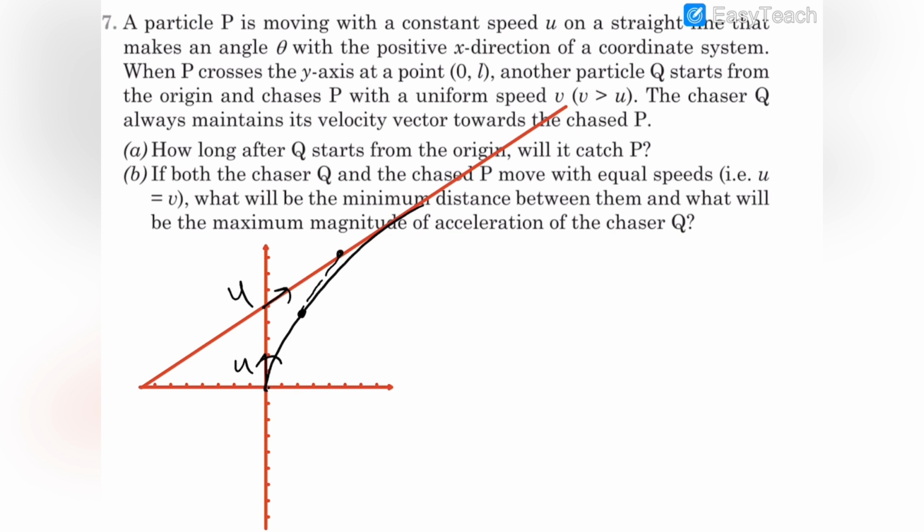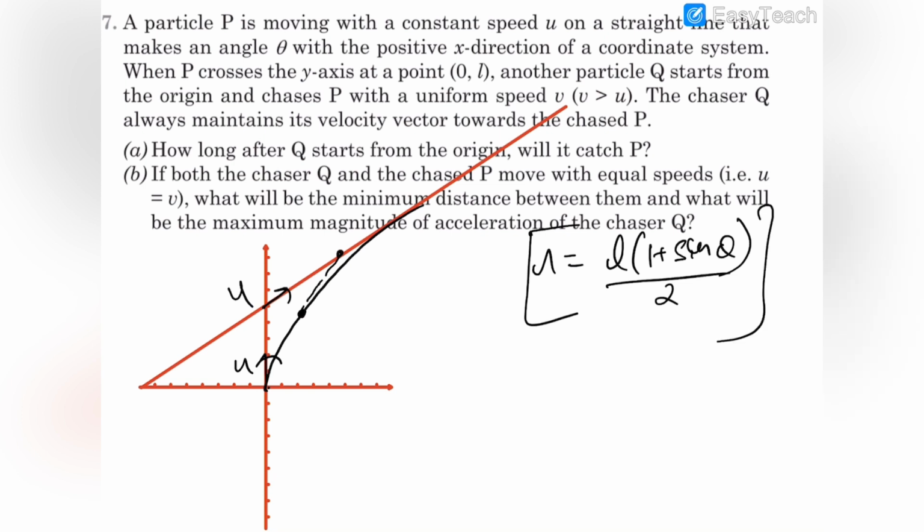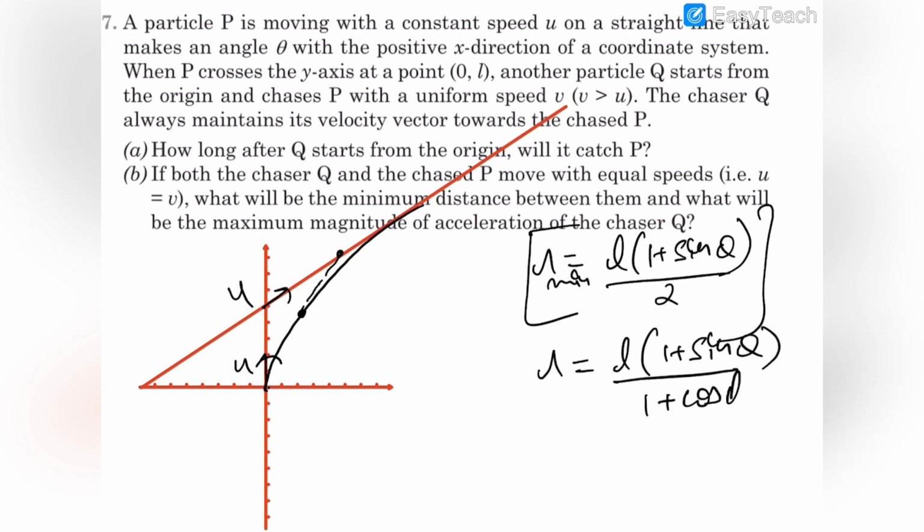Now we have already derived that R minimum is equal to L(1 plus sine theta) by 2. This is the minimum distance, and at any instant of time r is equal to L(1 plus sine theta) by (1 plus cos phi).